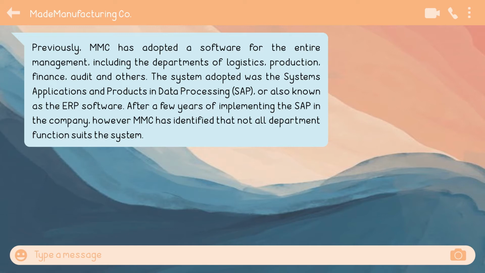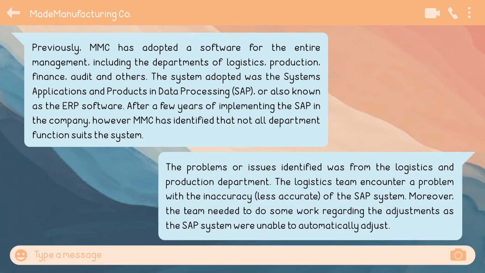The system adopted was Systems, Applications, and Products in Data Processing (SAP), also known as ERP software. After a few years of implementing SAP, however, MMC identified that not all department functions suit the system. The problems were identified in the logistics and production departments.